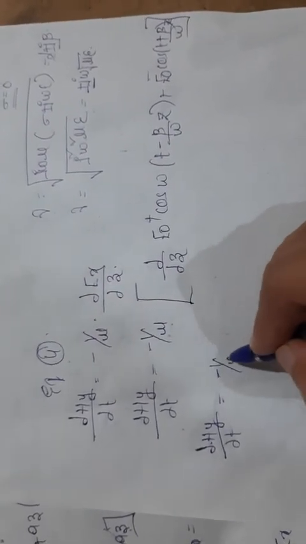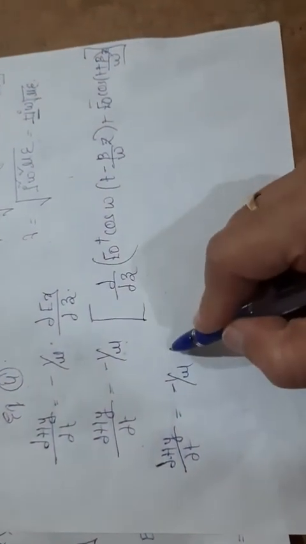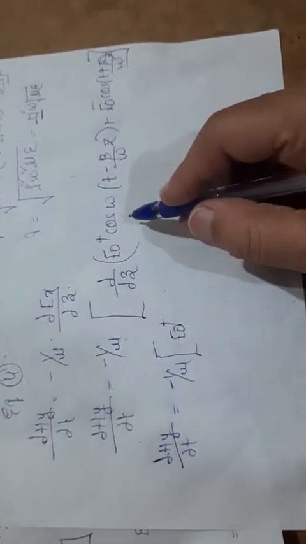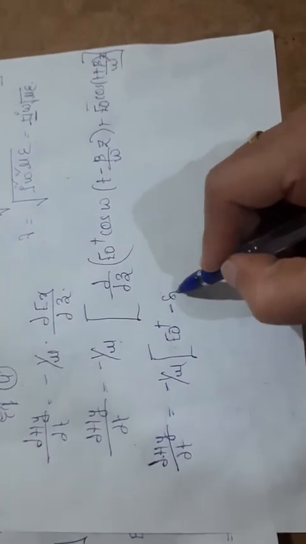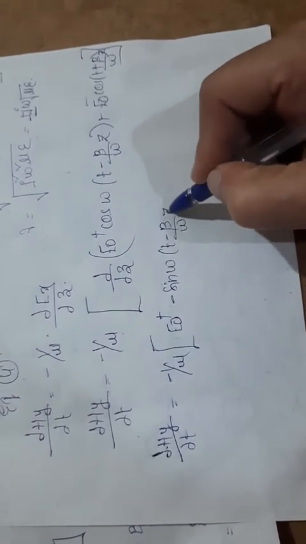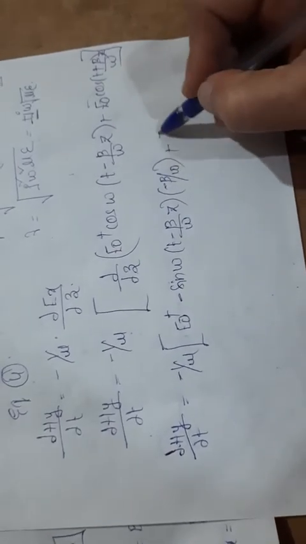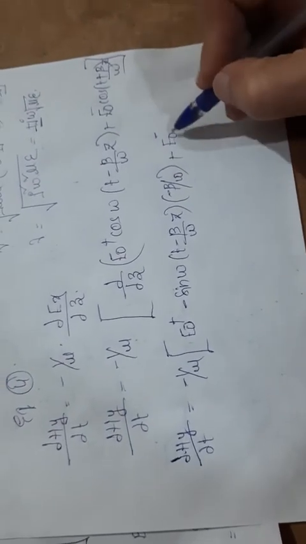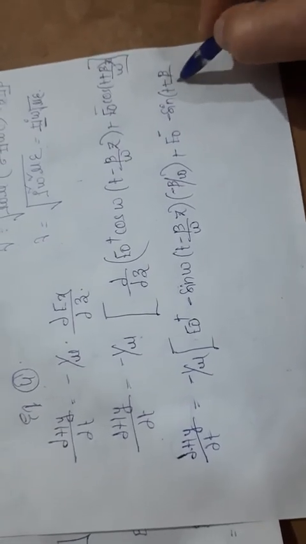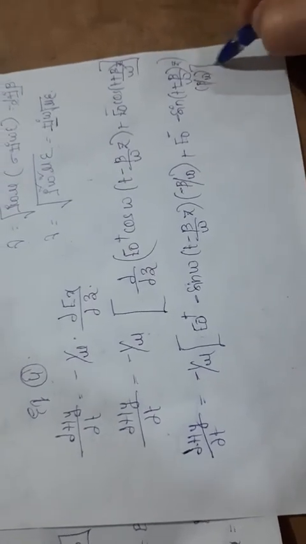So what I'll get? Differentiating with respect to z: E naught plus, cos differentiation gives minus sin of omega into t minus beta by omega into z, and here again the differentiation gives minus beta by omega, plus E naught minus, cos becomes minus sin of omega into t plus beta by omega into z, and again I have beta by omega.